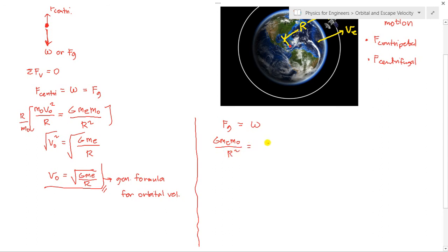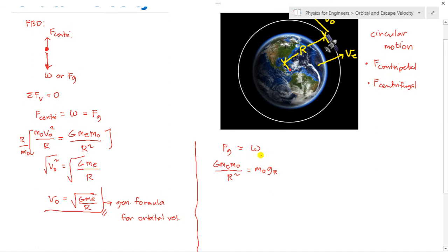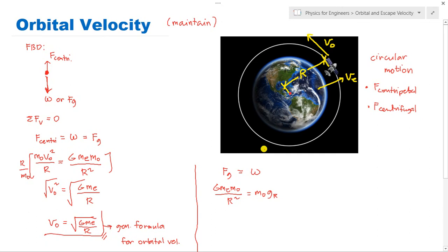R squared is equal to the weight, which is just the mass of the object times the gravity at that r. So again, we don't use the purely G here, because the G we know is used at the Earth's surface. Since the satellite is at a distance from the Earth's surface, since it is already in orbit, we have a different value of g. I denote it here as GR. So that is it, and then the MO cancels out.